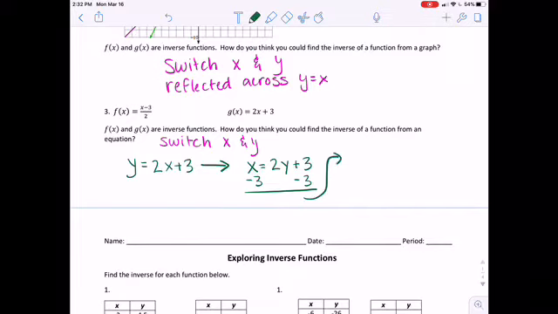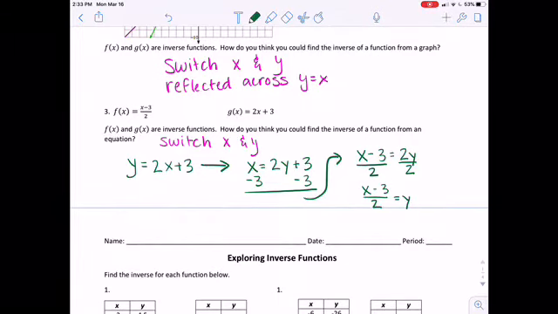That will give me that x minus 3 equals 2y. And then, since I still want the y alone, I need to get rid of the 2, so I'm going to divide by 2. And when I divide by 2, I do it to everything in this equation, which gives me that x minus 3 over 2 equals y, which you notice is our f of x function. So I can tell that yes, indeed, these are inverse functions.